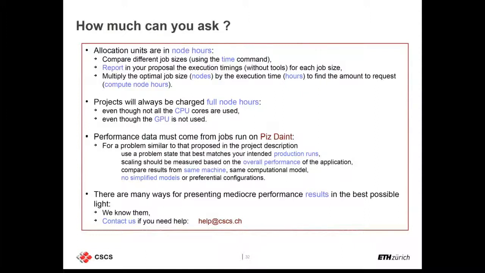As a general rule, we would like to see in your proposal performance data from jobs that run on Piz Daint, for a problem similar to the one you explained in your proposal. That means we would like to see results for the job size that best matches your production runs. The scaling results should be based on the performance of the full application.